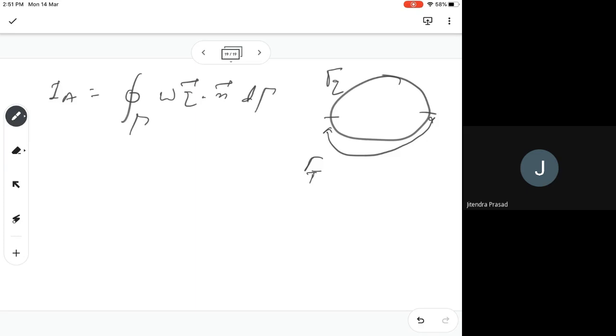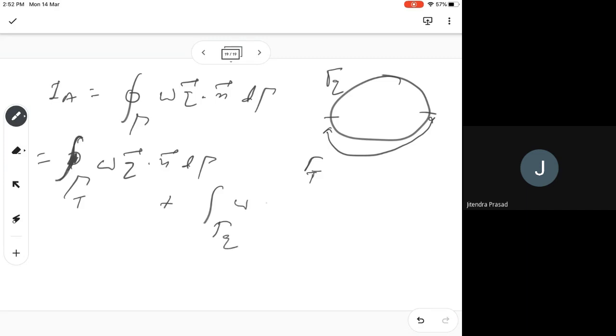So this we can write as the integral over gamma T of W Q bar N bar d gamma, plus, okay, here we don't have to put the closed because we are writing both, and then we have gamma Q and W Q dot N d gamma.